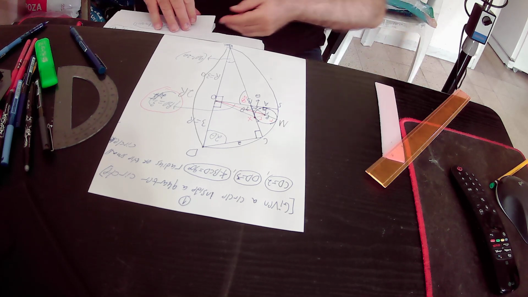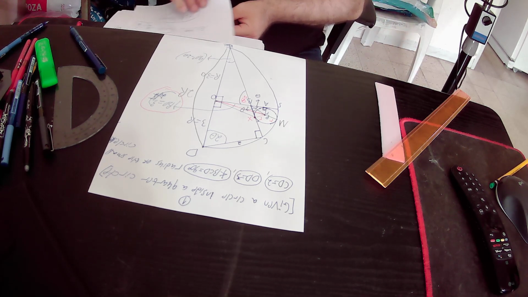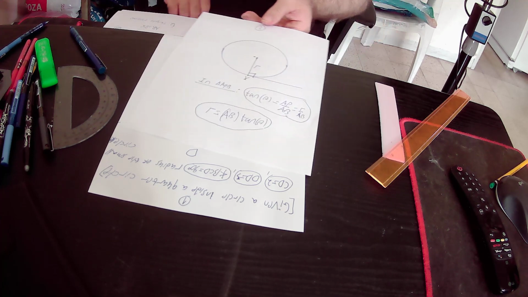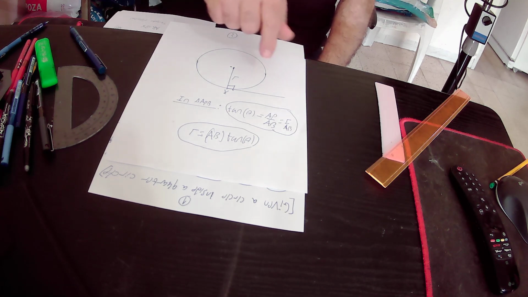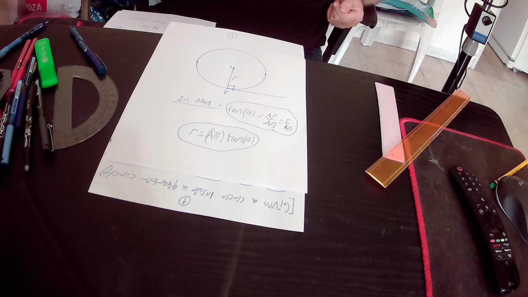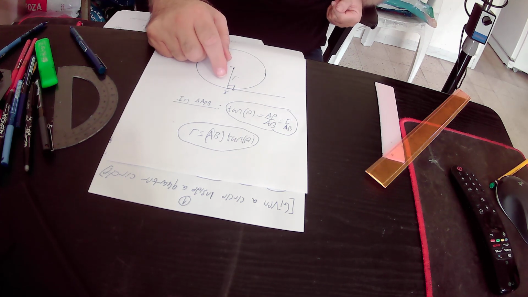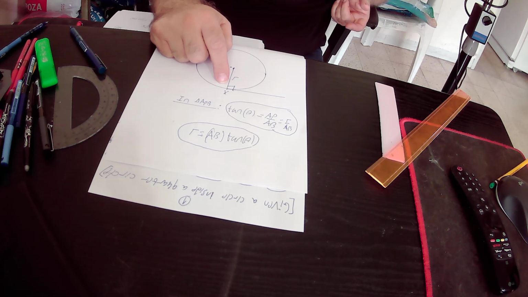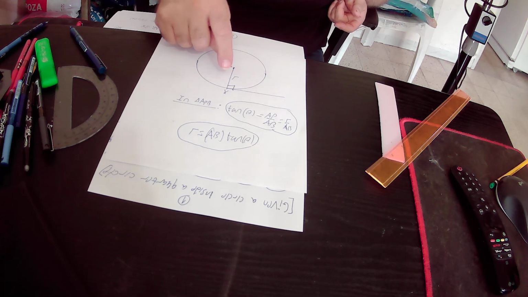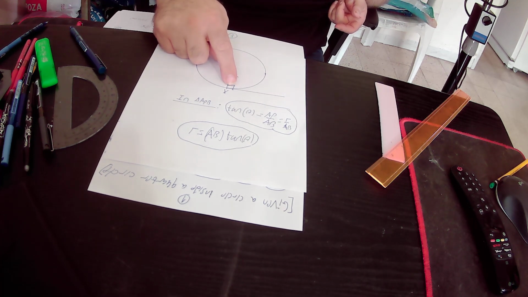So, if we have a circle and we have a tangent to this circle at point X, and we have the radius drawn to the point of tangency, that is to say to point X, then according to the rule, this radius is perpendicular to the tangent, that is to say this angle equals 90 degrees.